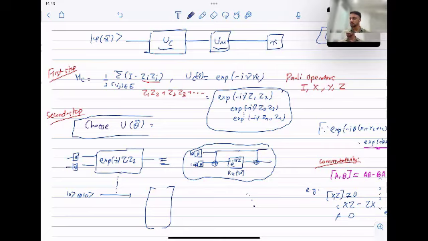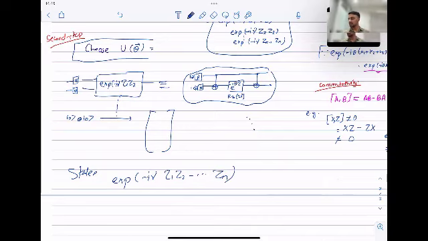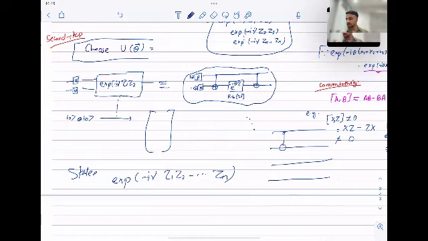So I can also tell you, what if there was a nightmare like this, G1, G2, all the way to Gn, right? How do I write this as a gate? There is a circuit identity. I can just tell you, it actually looks like this: C-not, C-not, C-not, rotation gate, and then C-not back.